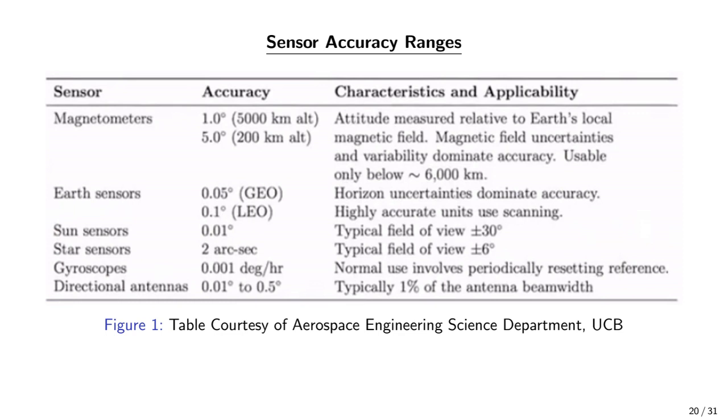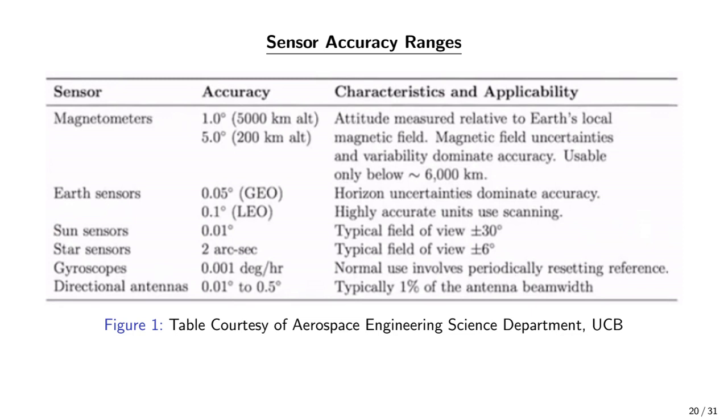Your accuracy is also 0.01 degrees, and it's typically 1% of the antenna beam width. So just read up on this, and you have a clear understanding of all of this. They're just information you need to be aware of.